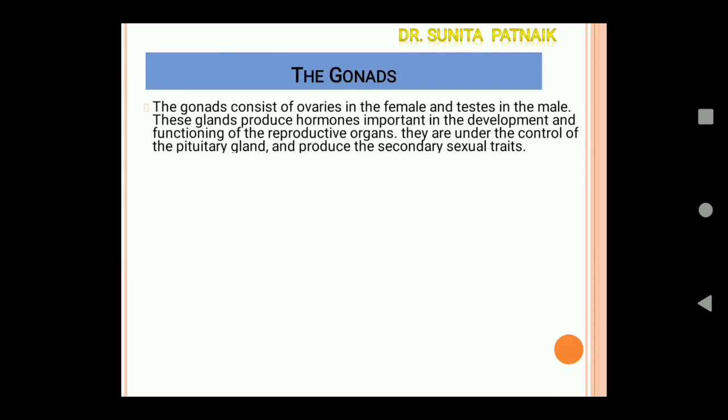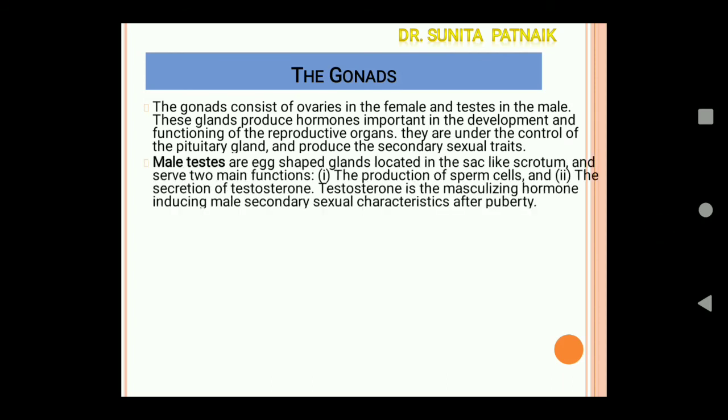Now come the gonads. Gonads are the reproductive organs, that is, a pair of testes in males and a pair of ovaries in females. The testes are egg-shaped glands located in the sac-like scrotum and have two major functions: production of sperm and secretion of testosterone.